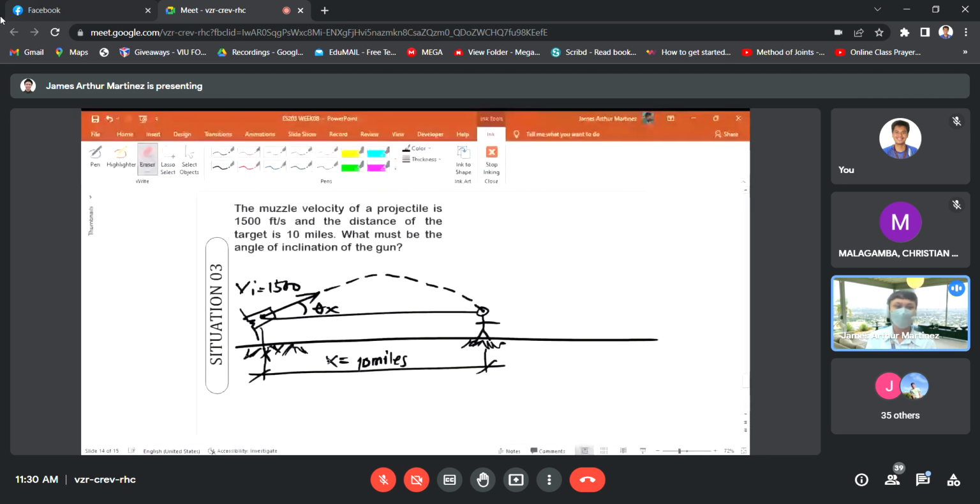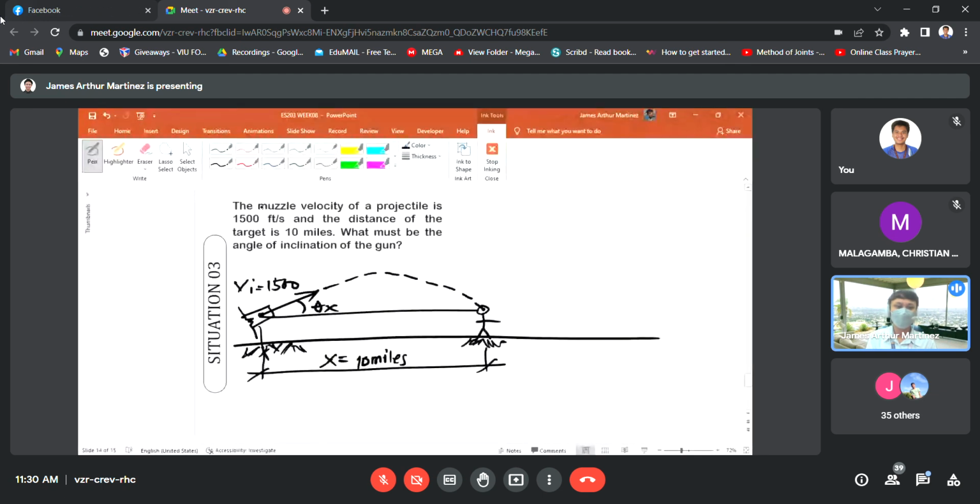But before that, since velocity is given as 1,500 feet per second, we are in the English system again. So we will be using 32.2 feet per second squared as the value of gravity. Since these are in feet per second, it is more convenient to convert miles into feet.